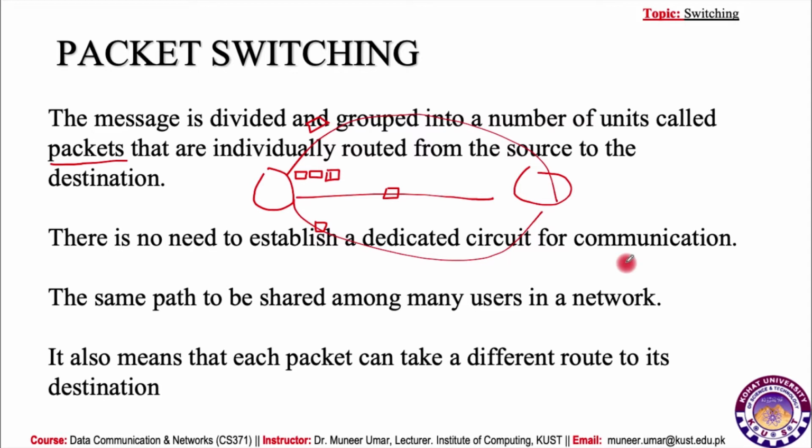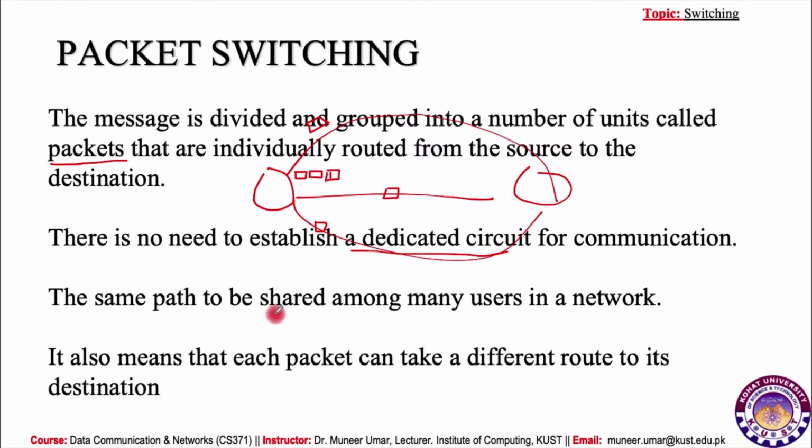In circuit switching, we saw that when two devices communicate with each other, they first establish a dedicated path which cannot be shared with other devices. But in packet switching, there is no need for a dedicated path or dedicated circuit for communication.